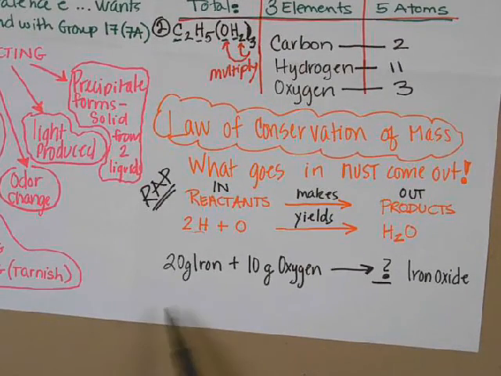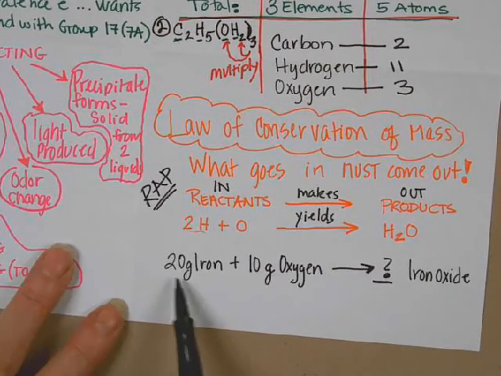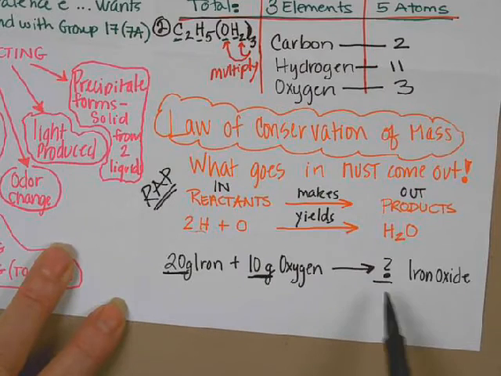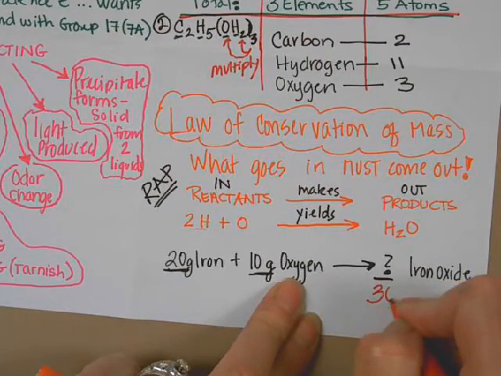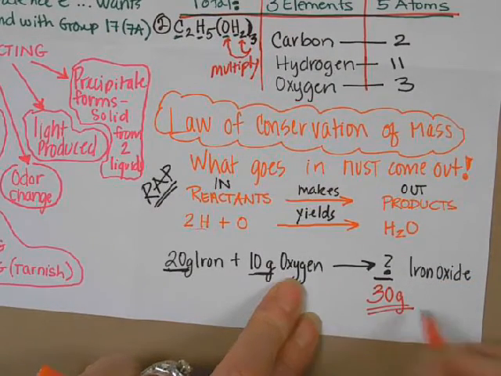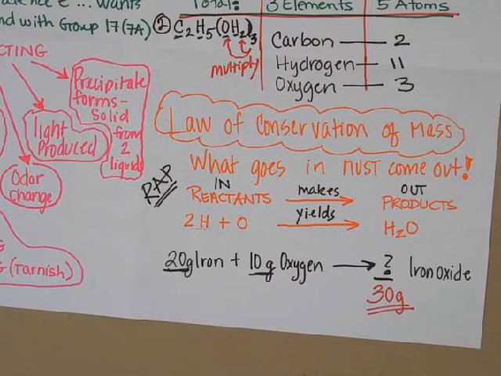Well, what goes in must come out. So if I had 20 grams of iron, 10 grams of oxygen, how many grams of iron oxide must I have if this is a true equation of something that happened? I have to have 30, right, grams of iron oxide for this to be a correct and honest, true statement. All right.